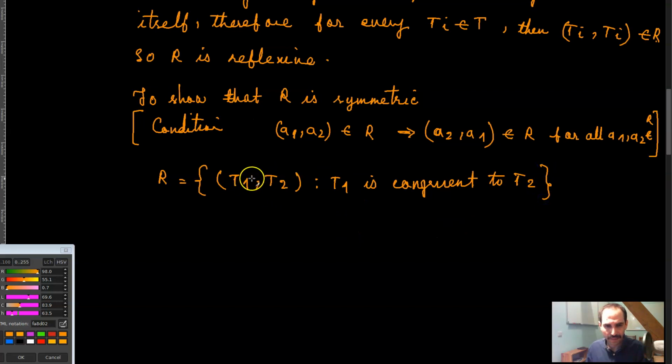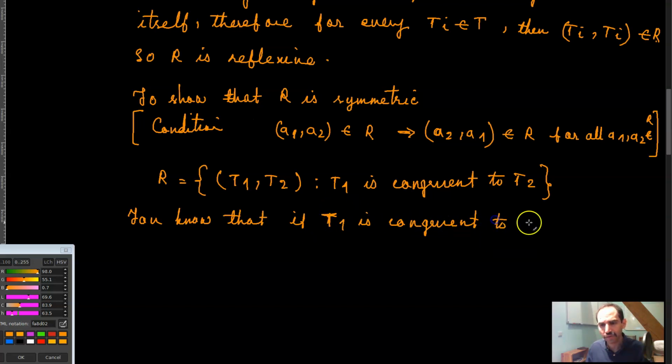Now since T1 is congruent to T2, of course you know that we are talking about triangles, if T1 is congruent to T2, then T2 is also congruent to T1, right?